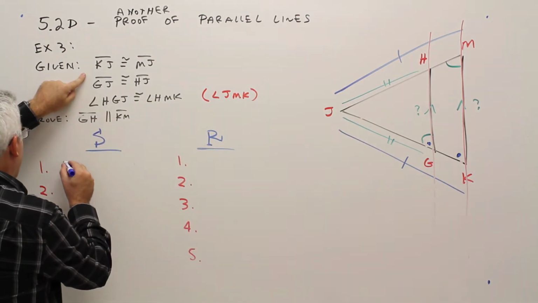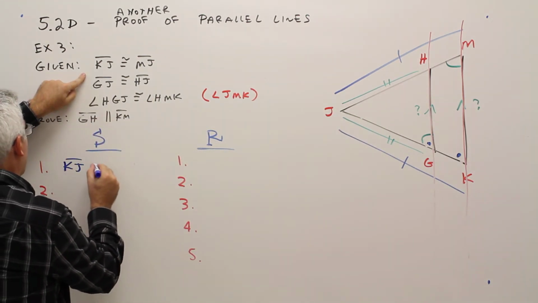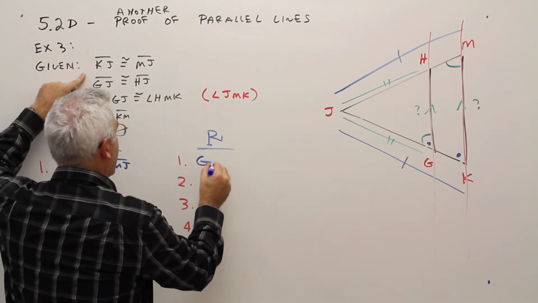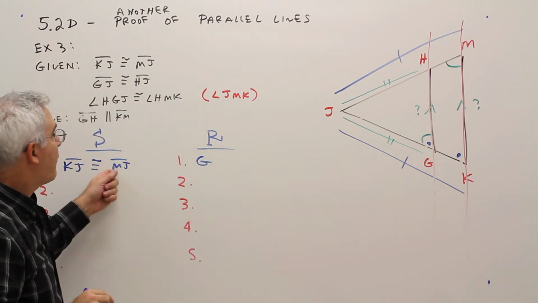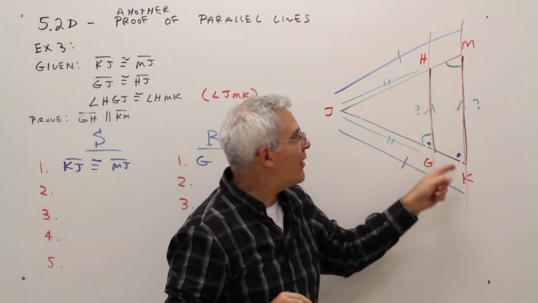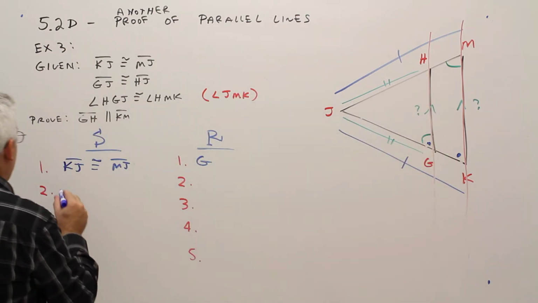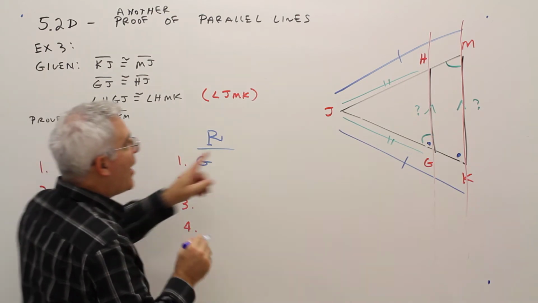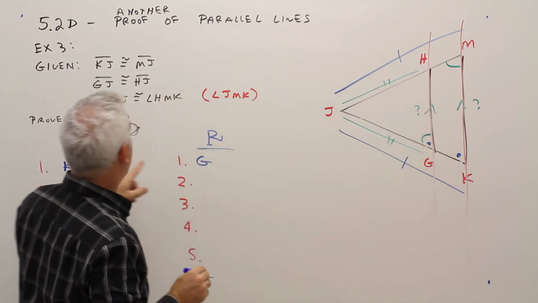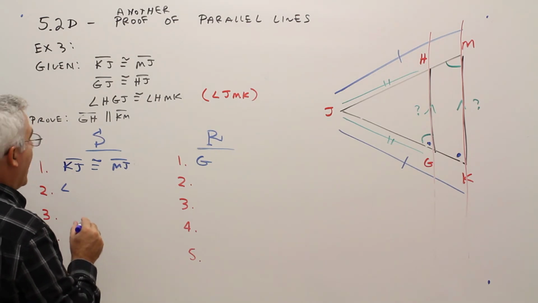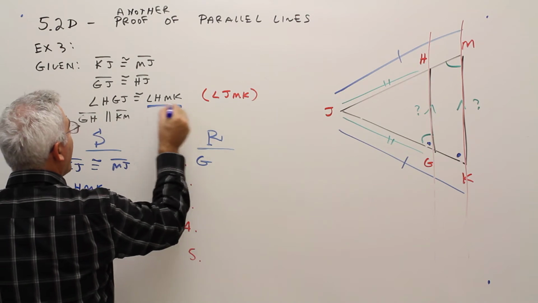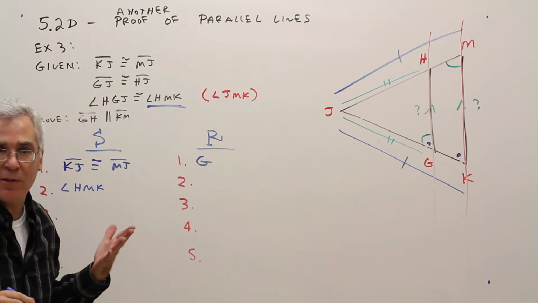So KJ is congruent to MJ. That was given. From that, I'm getting these angles here. Angle JMK, but I could really call it HMK. And I'm going to call it HMK because that's what they use in the given.